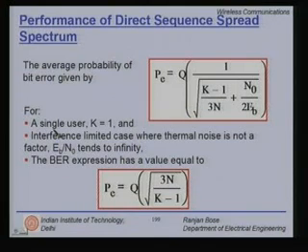For the case when there is only one user, it is not a multi-user scenario, but suppose you just want to communicate from point to point in the presence of a jammer. For a single user, K is equal to 1, and in the interference limited case when thermal noise is not a factor, EB over N naught tends to infinity. Under these constraints, the bit error rate expression has the value Pe equal to the Q function of under root of 3N over K minus 1. This is coming from this term.